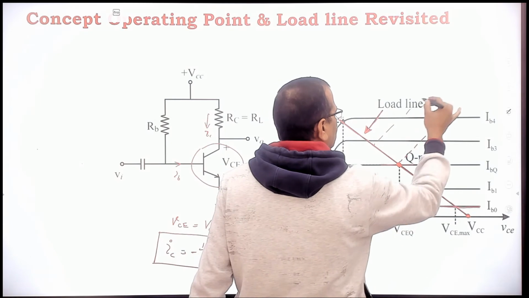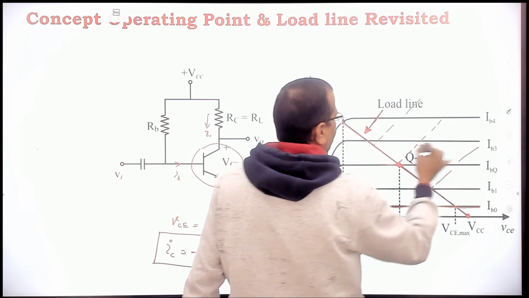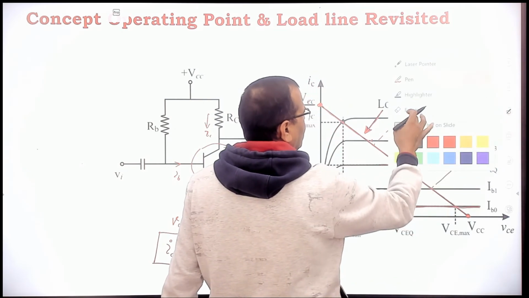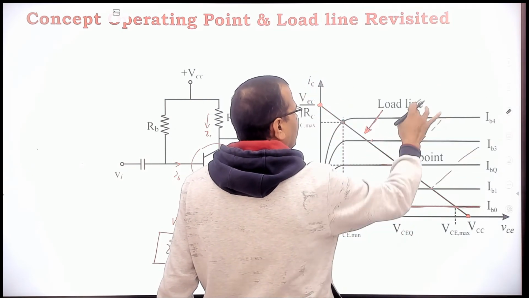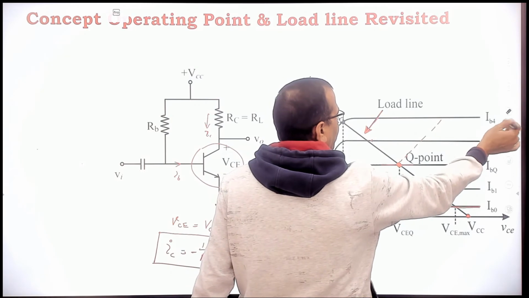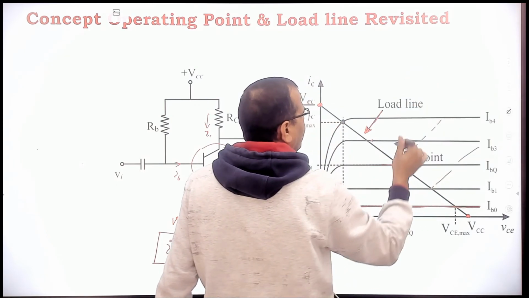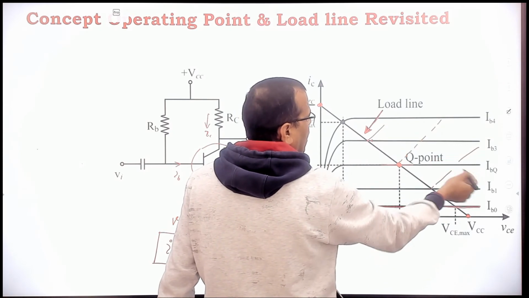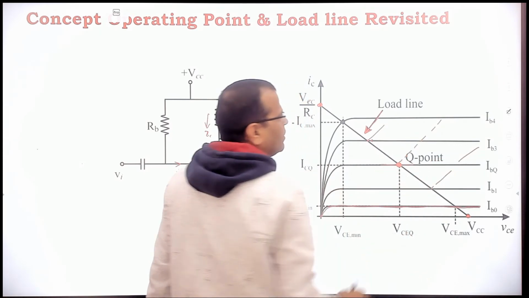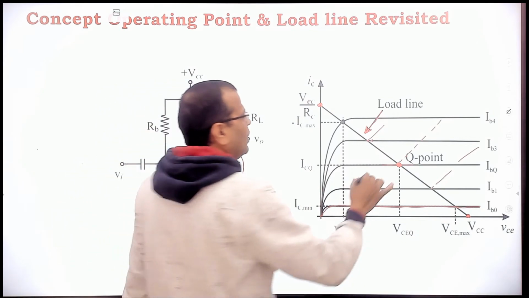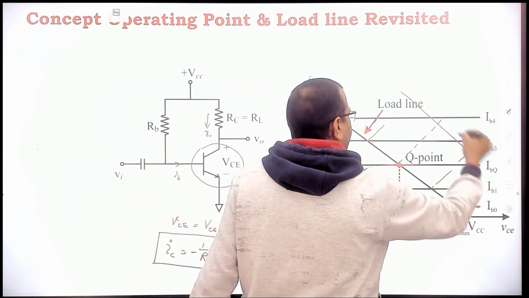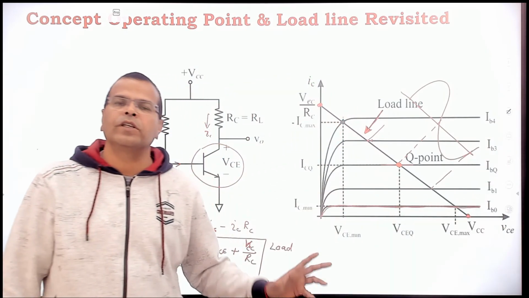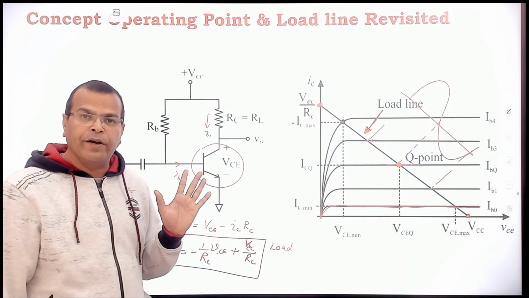So suppose my base current is varying between these two ranges, from this IB1 to IB3 with IBQ as the center value, right? So this is the variation of base current, sinusoidal.